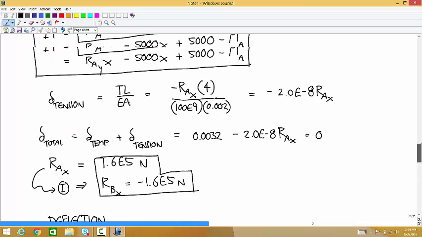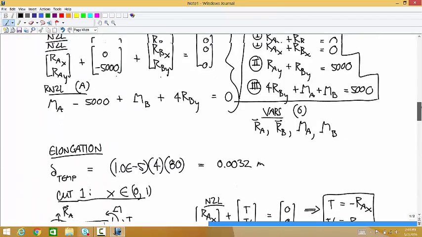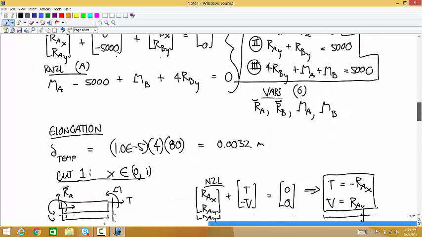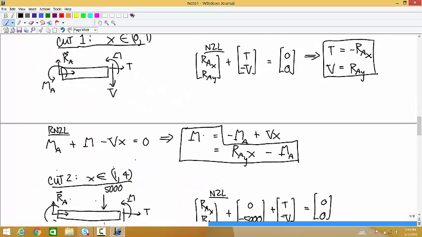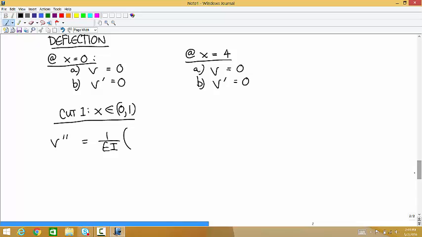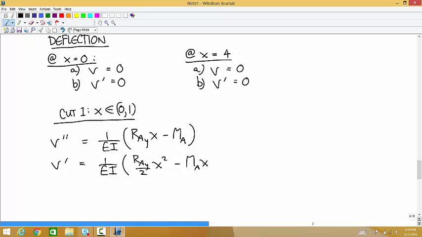What was our moment function? Okay, RAY x minus MA. So integrate that once, and you get V prime is equal to 1 over EI times the quantity RAY over 2 x squared minus MAX. And then you have a constant of integration, C1.